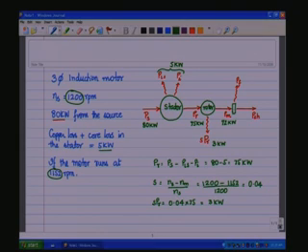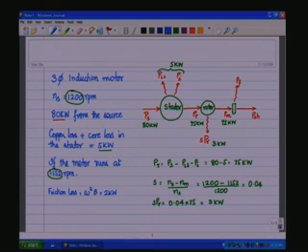Now let us say that the friction loss, which is given by, like I square R, omega square into B, where omega is 1152 RPM converted into radians by multiplying by 2 pi by 60, is equal to 2 kilowatts.